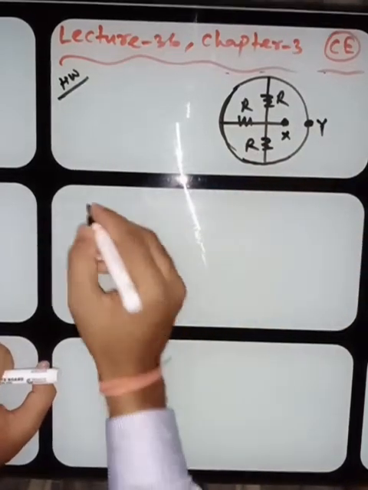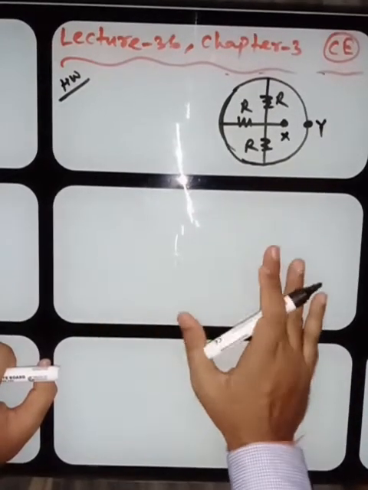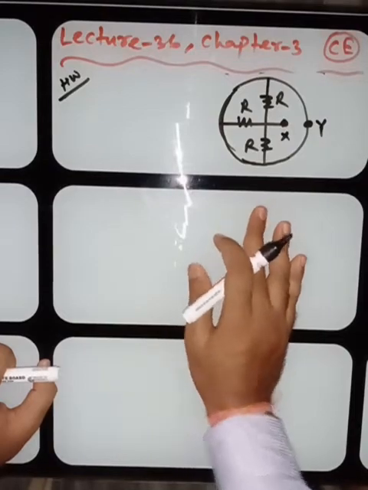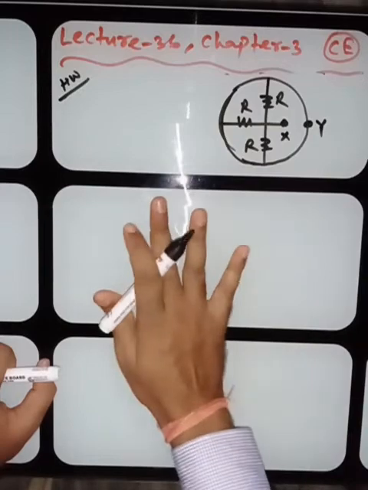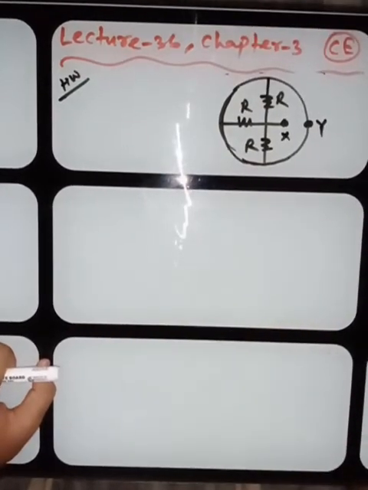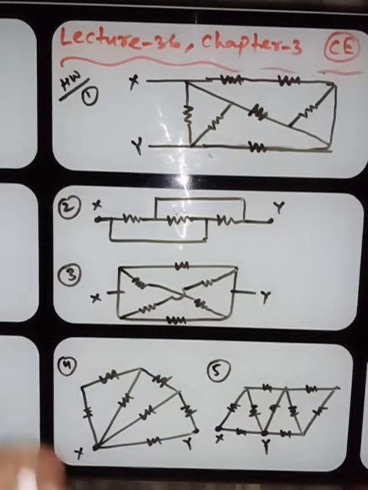Okay, now another homework. Okay, I'll give you homework after a few questions. I'm writing the homework over here by pausing the video, so it will not kill our time, student. This is your homework, my dear student. 1, 2, 3, 4 and 5.